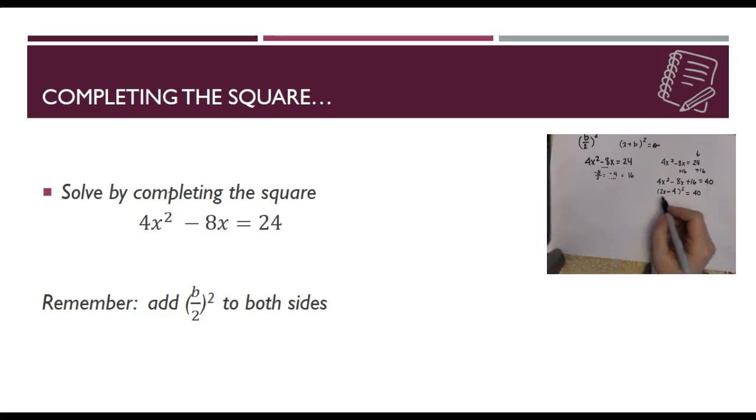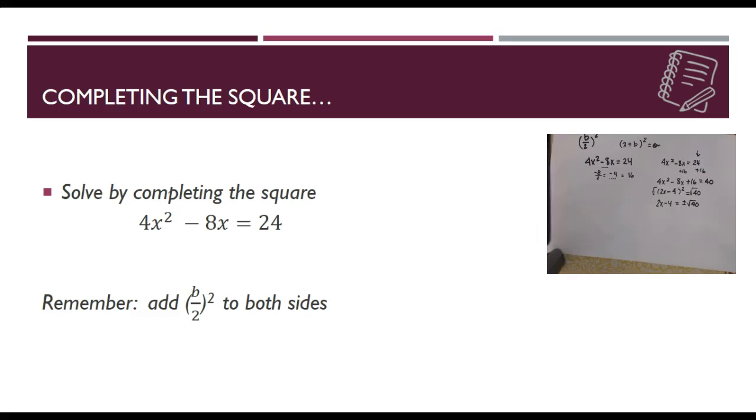Now in order to solve from here, you guys know the rest of the way out is just solving equations. To get rid of that squared, we're going to take the square root of both sides. That'll give me 2x minus 4 equals positive or negative square root of 40. Sometimes you leave the square root of 40 in as a radical.